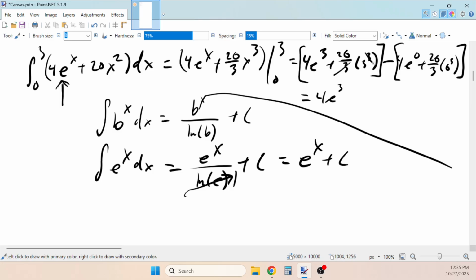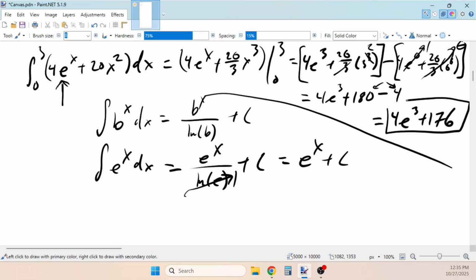We can cancel. Now over here we have 4 times 0 is 1, and 0 times anything. And then we terms third, exact value. You can throw that into a calculator for a decimal approximation.